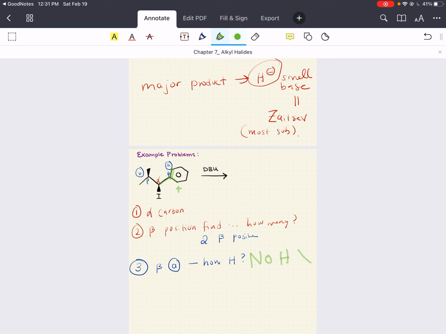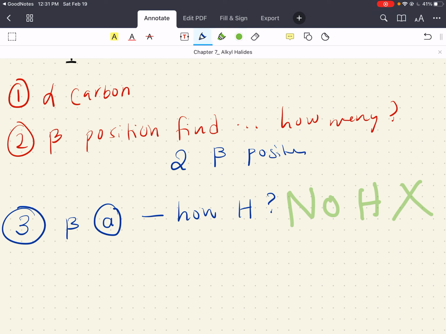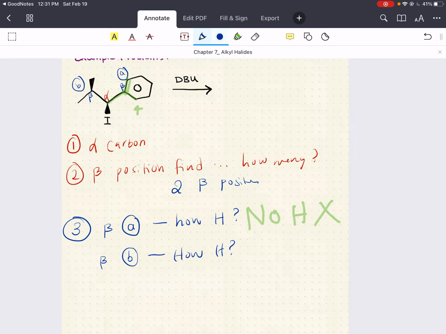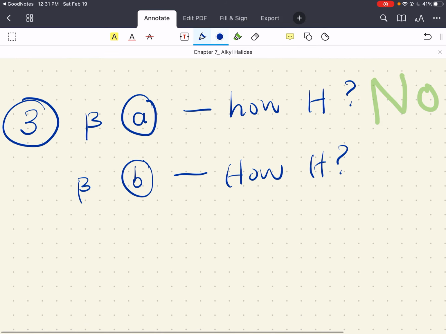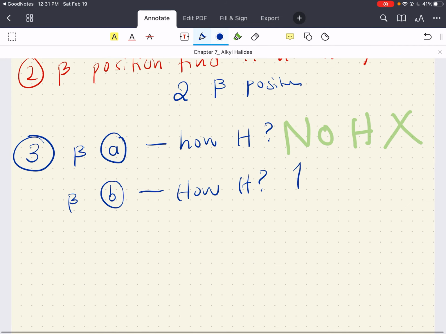So we really can't do an elimination reaction at that beta position. Cool, that makes it easier for us. What about the beta position B? How many hydrogens are there? Let's take a good look right here. At this beta position, there is just 1 hydrogen. Fantastic.